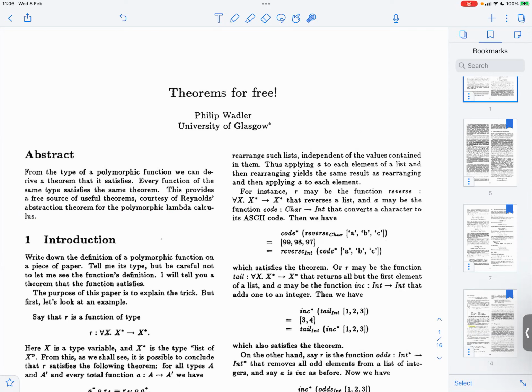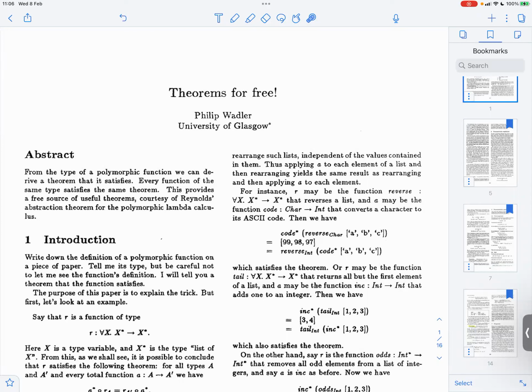But this is not very clear from the paper either. So what are the restrictions on code that are necessary for the function to satisfy the theorem? Because clearly, without any restrictions, that's not going to be true. So that, unfortunately, is not explained very well in this paper.